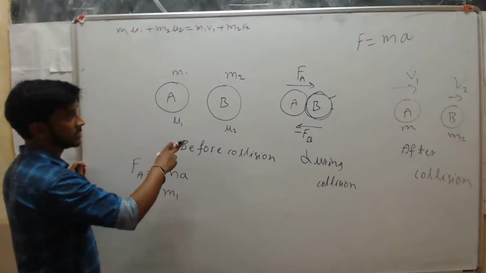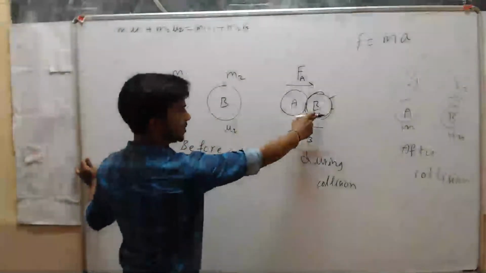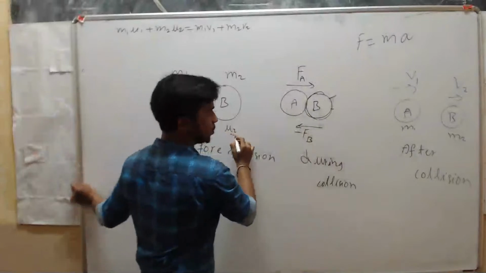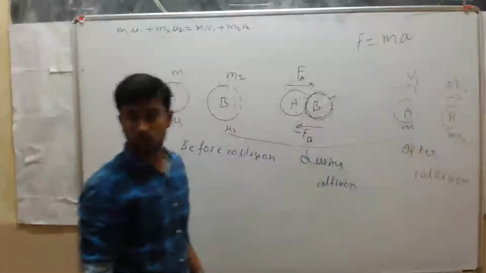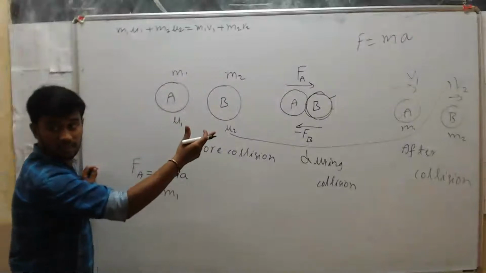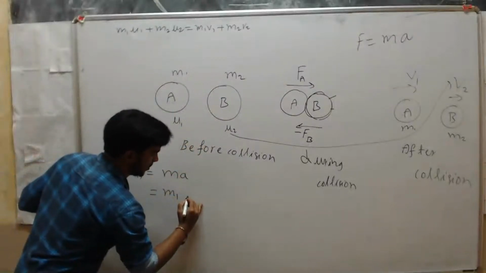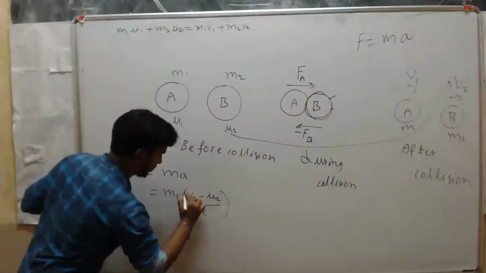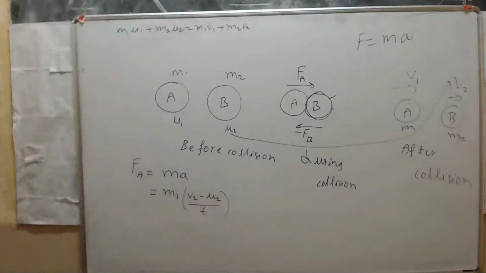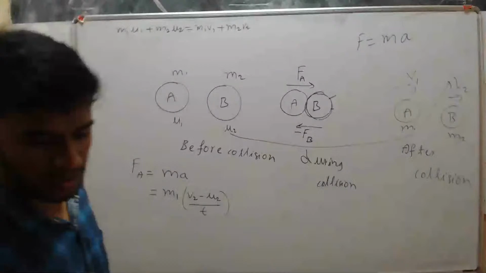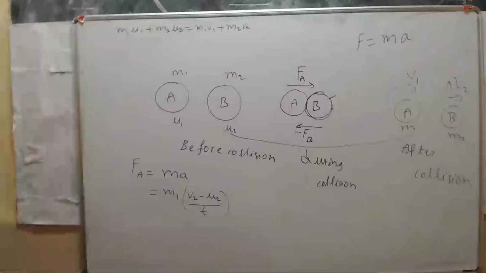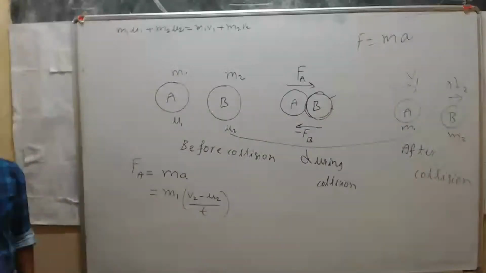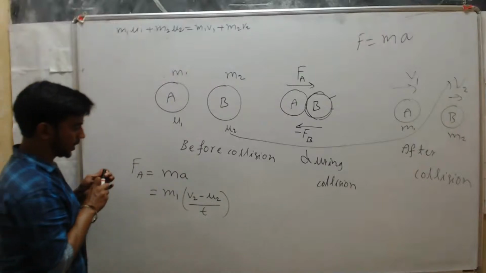Its velocity changed from u2 to v2 in a time t, so acceleration is v2 minus u2 divided by t. So force is mass into acceleration, that is m1 into v2 minus u2 divided by t. Sorry, not m1, it's m2.